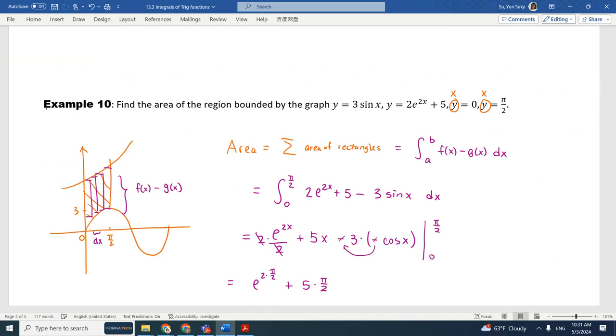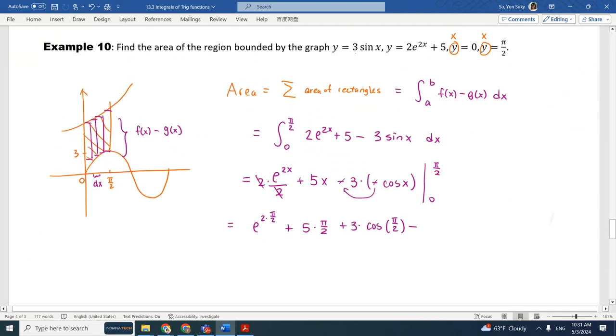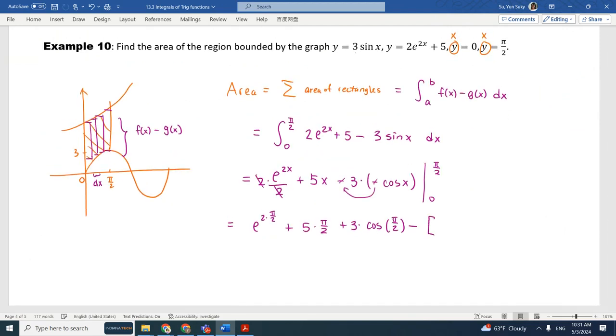Do you see this become plus? Plus 3 times cosine pi over 2. And then minus, we plug in 0. The first term, do you see it become e to the 0? The second term, 5 times 0. And then 3 cosine 0. Oops. Okay.